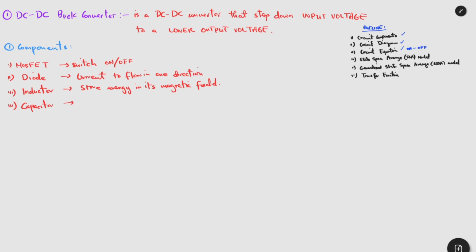A capacitor can act like a battery, and it normally stores energy. And fifth is a resistor. A resistor mostly limits the flow of current.